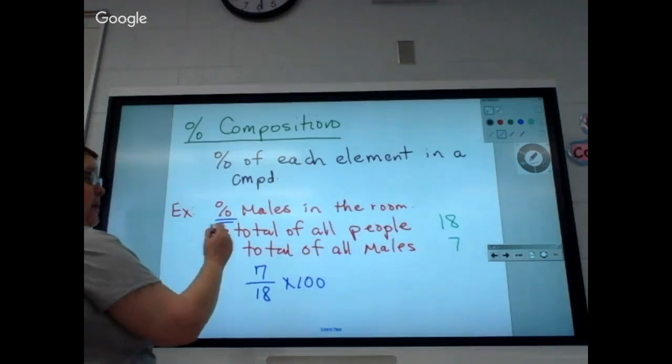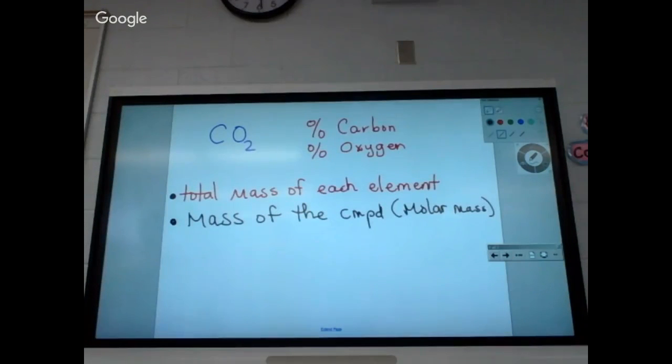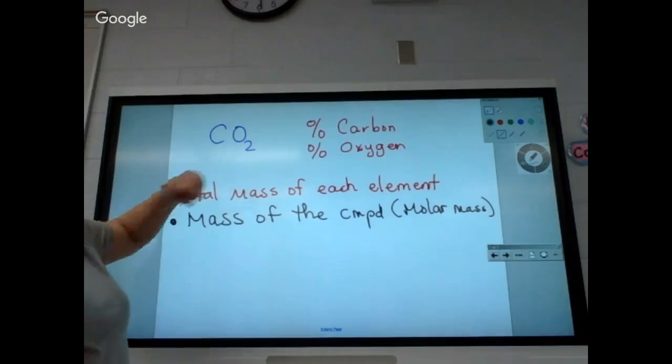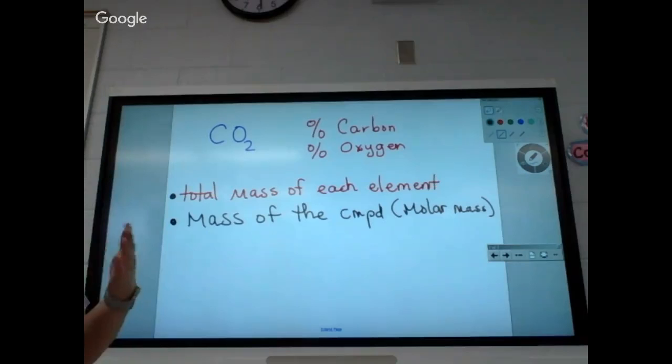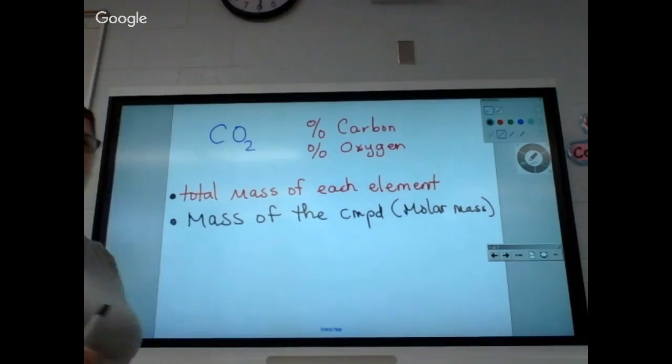Counting up the males is adding up each element. So when you were saying count up the number of C's or the O's, you're finding the mass of the element. Those are the two things we're always going to need: the mass of the element, and the mass of the compound. Does everybody have the two pieces we need?